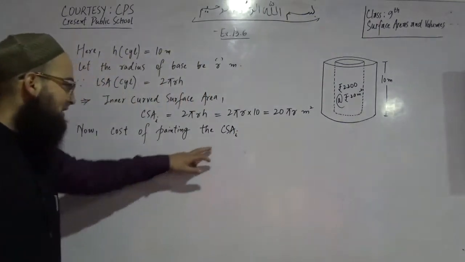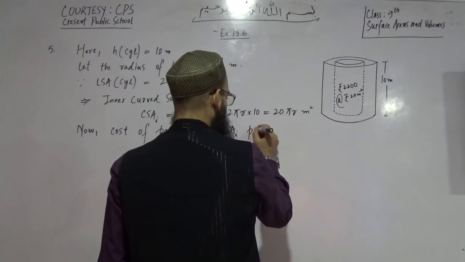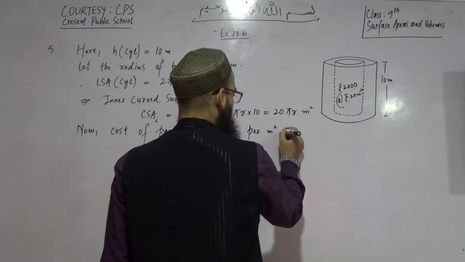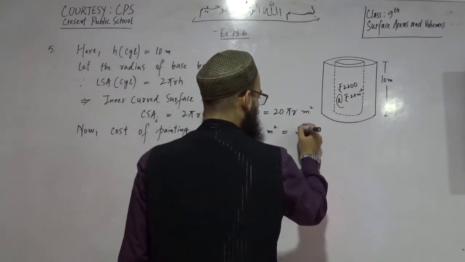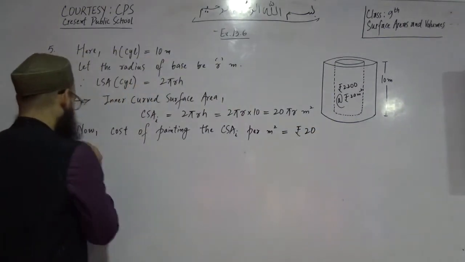Cost of painting per square meter is rupees 20.